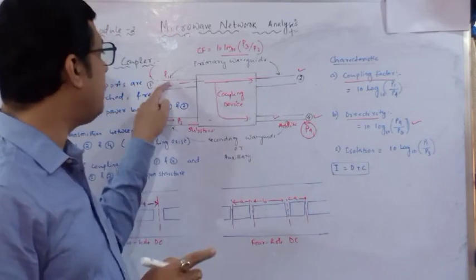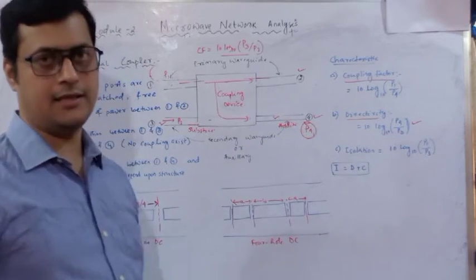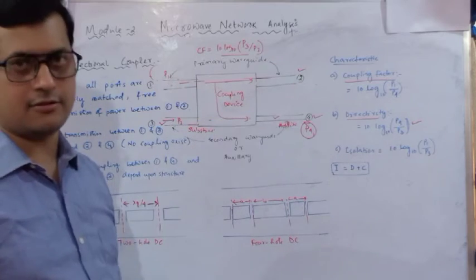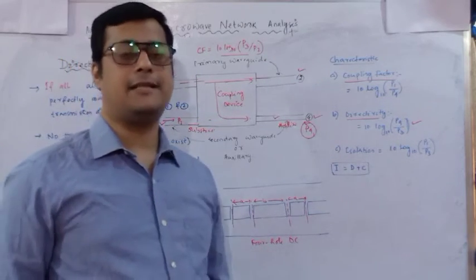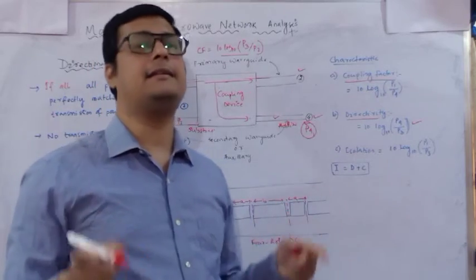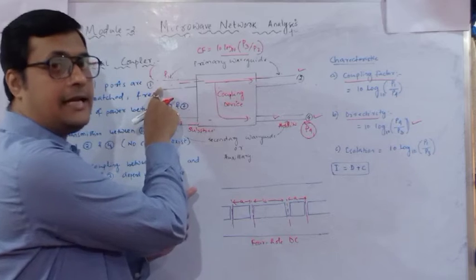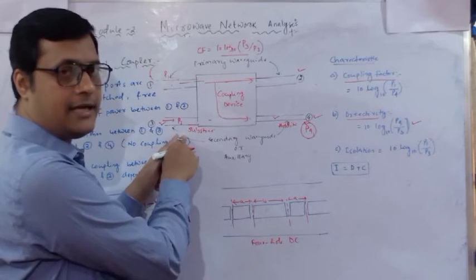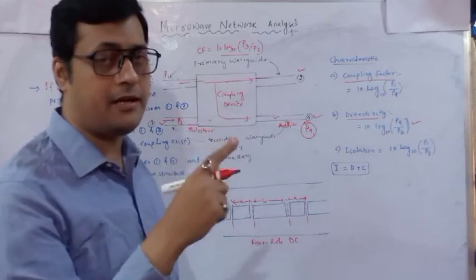If port 1 is excited, then P4 by P3. Now depending upon the change of the port, you can change the relation also. But always remember that the directivity is basically identified in the secondary arm if the primary is energized. Similarly, if the secondary arm is energized, directivity will be measured for the primary waveguide line.